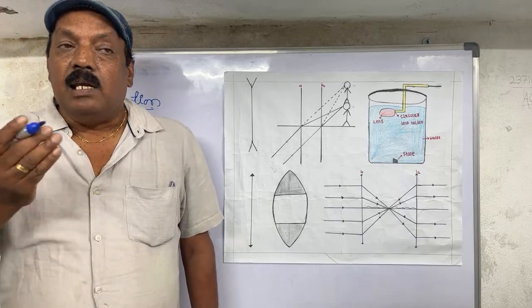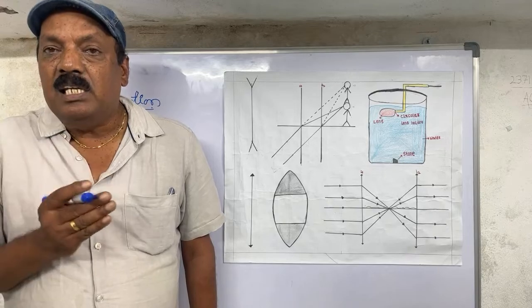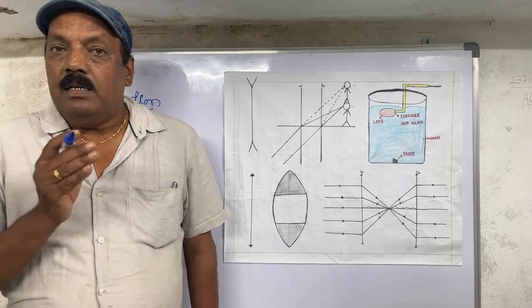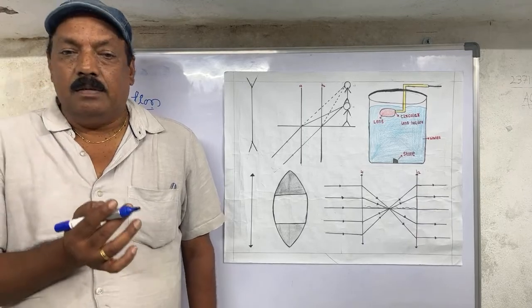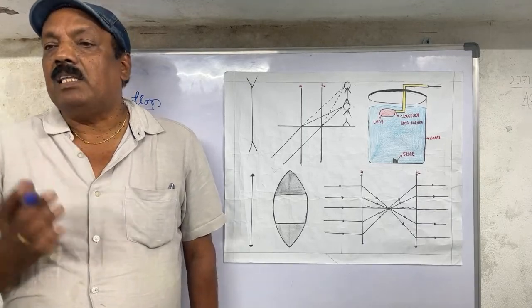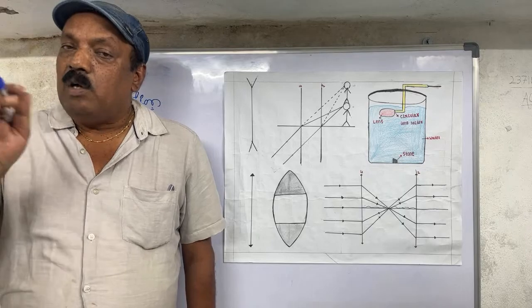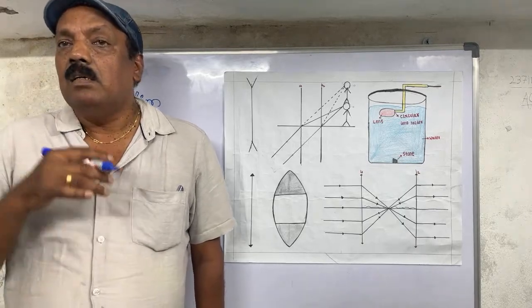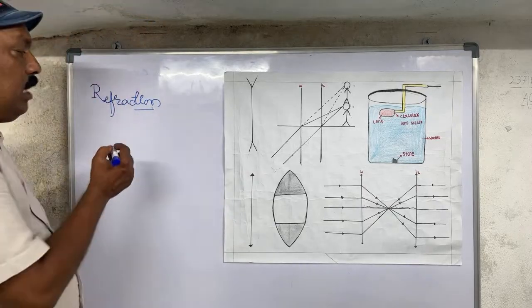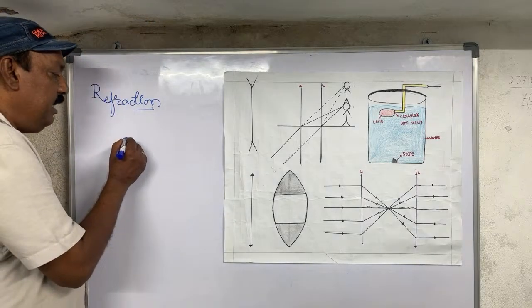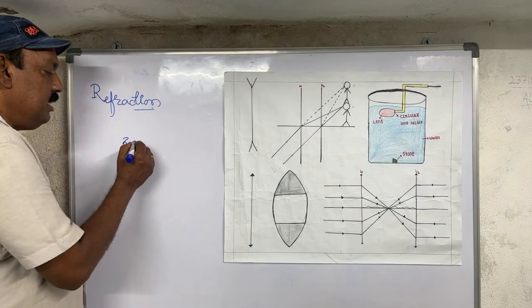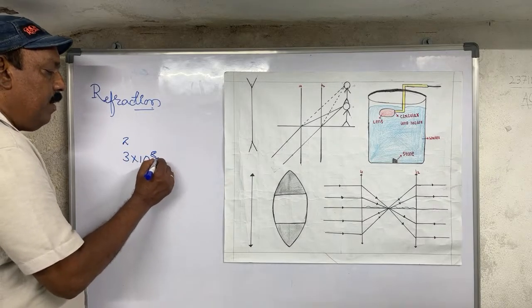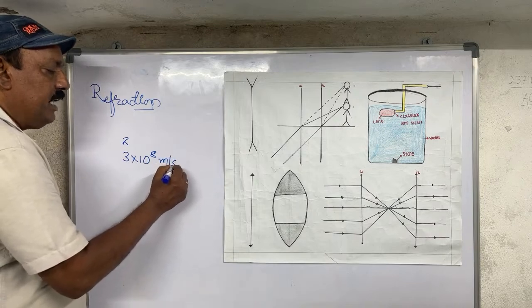That means the light is passing easily through water and through glass. But the speed at which light travels in air or vacuum, it does not travel at that much speed in water and glass. In air, the speed is 3 into 10 to the power of 8 meters per second.